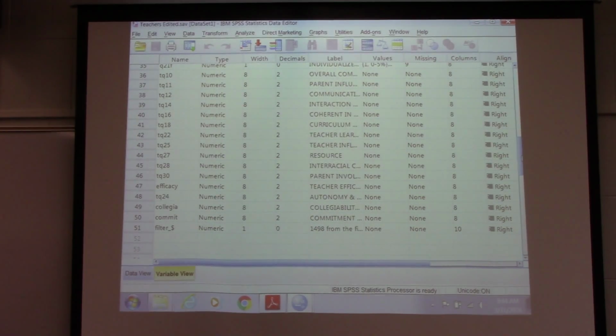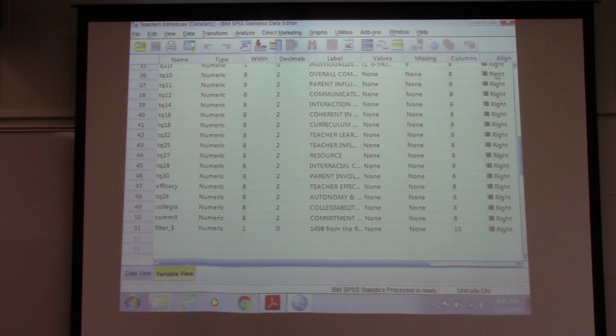What TQ25 represents, there are several questions that make it up. So teachers were asked, how much influence do you have over the budget? How much influence do you have over hiring teachers? How much influence do you have over what you teach, over the curriculum, and so forth? And all those questions are averaged together, and that's how we get one variable from the average of several items. That's TQ25. The same thing, teachers were asked about parents on these same questions, and then those were averaged.